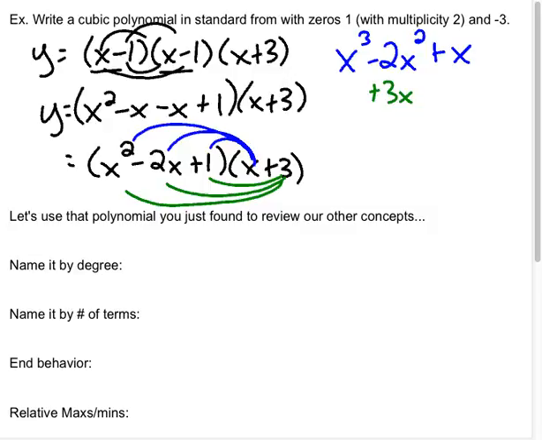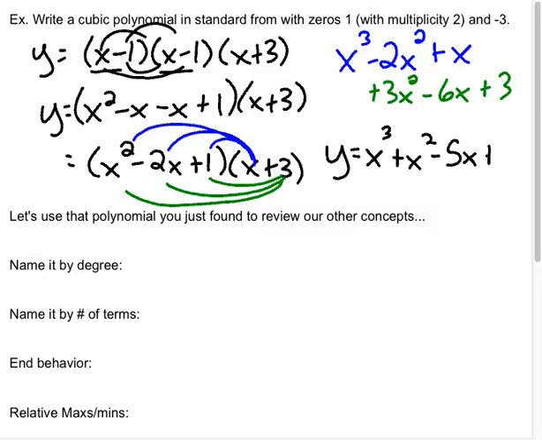Plus 3x squared minus 6x plus 3. Okay, so remember this back from Expo, that the foiling process essentially works in this way. This is how you have to do it if one of your factors is more than a binomial. So this gives me x cubed plus x squared minus 5x plus 3.